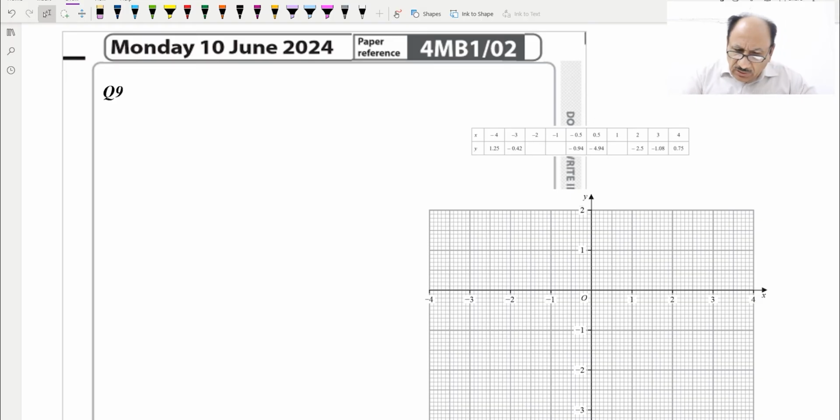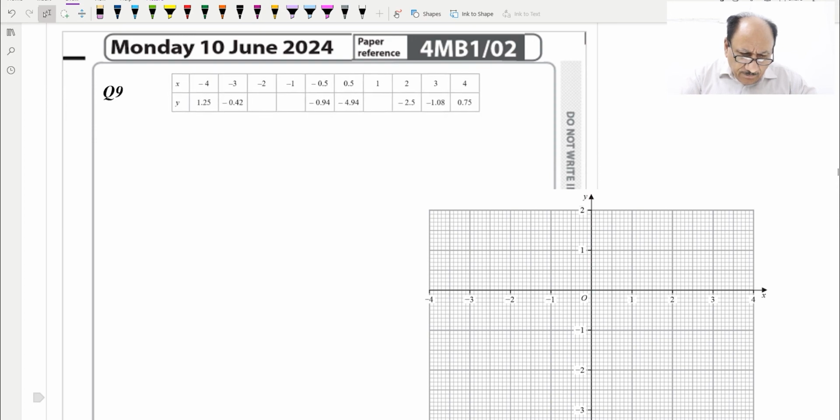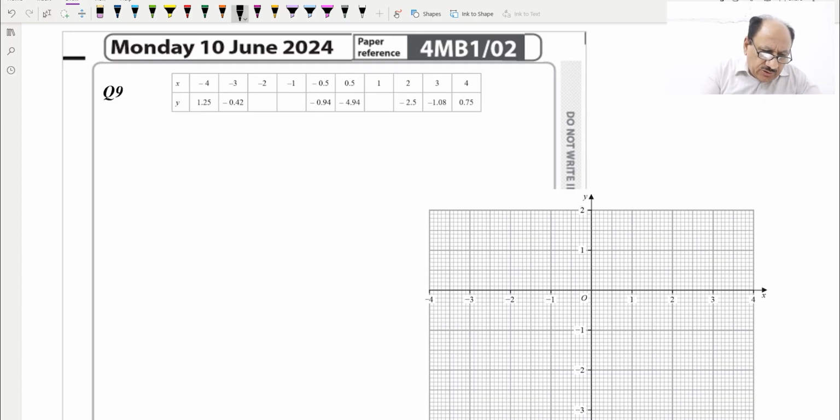In question number 9, we can refer to this as the table of values, and we have to complete this. So they're saying the equation of the graph is y is equal to 1 over 4 x square minus 3 minus 1 over x, when x is not equal to 0.